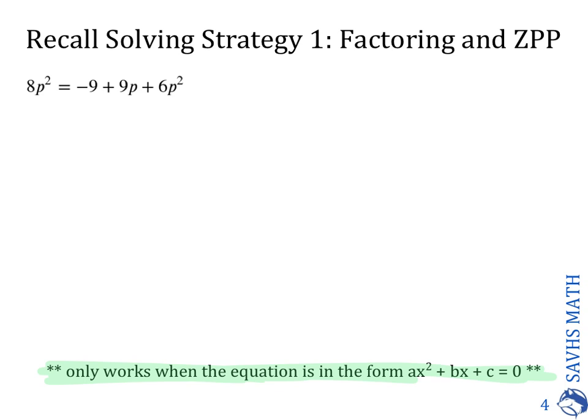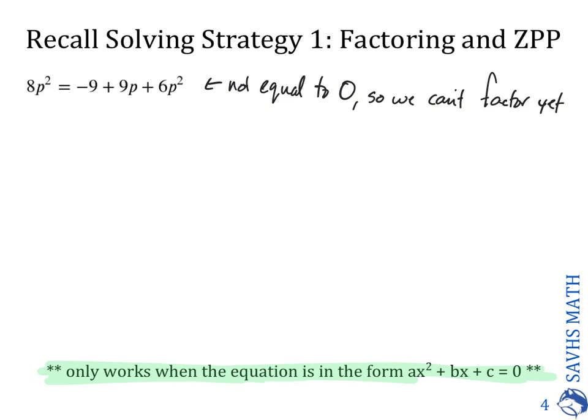Notice that this one is not equal to 0, so we can't factor yet. The thing that you have to do then is get it to be equal to 0.